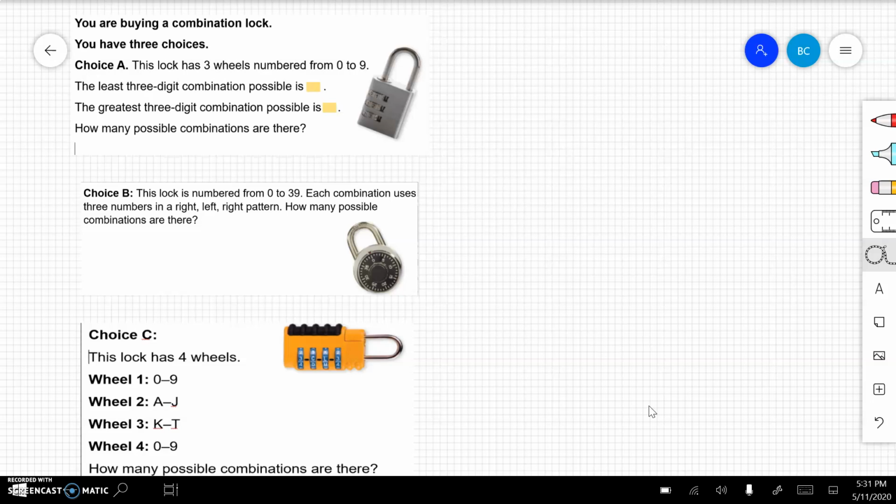So for the first wheel, there were 10 possibilities. For the second wheel, there were 10 possibilities. And the third wheel, there were also 10 possibilities. So in that combination, we have a total of 1,000 options.